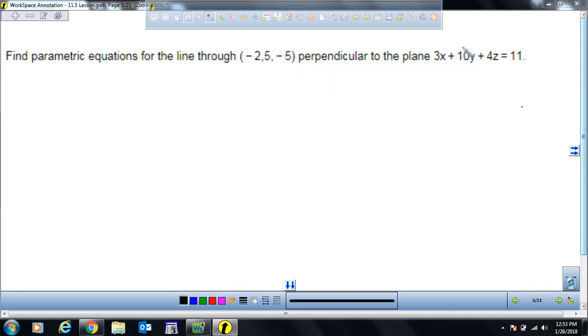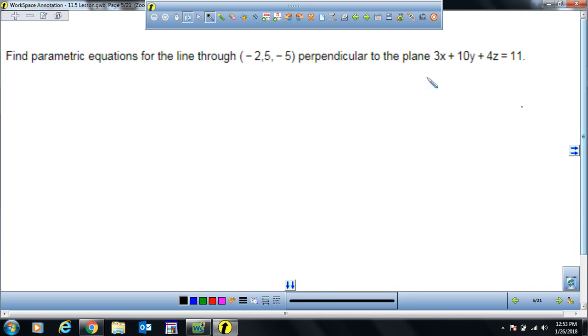and that is that any vector that has the same components as the coefficients of a plane, meaning this component for the x, this component for the y, my i, my j, my k, if we create a vector with these components of a plane, that vector will always be normal to the plane.